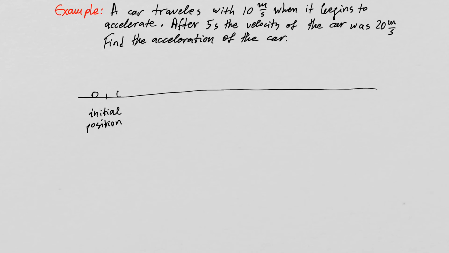So the car is right here, and the car has initial velocity V sub I of 10 meters per second. Then the car is accelerating, so some acceleration, which we want to find, is applied to the car. And after some time, t equal to 5 seconds, the car is at a different point of the road, which I'm going to call the final position.